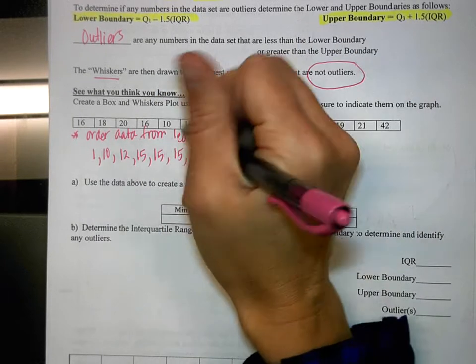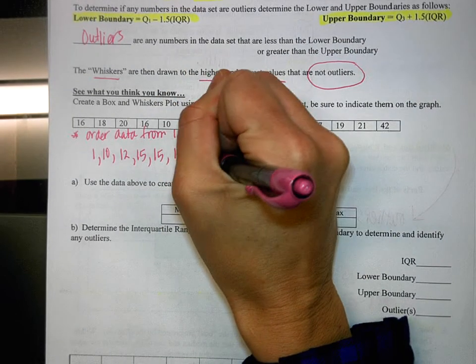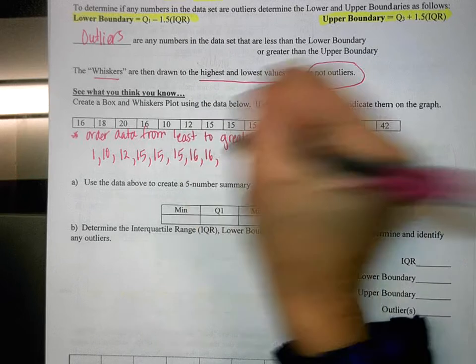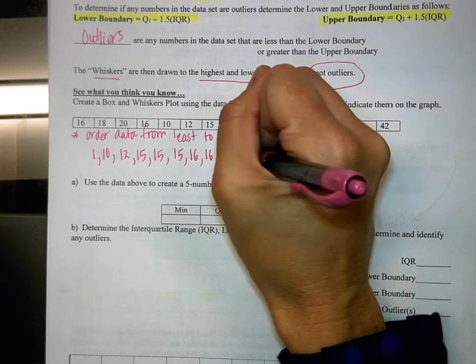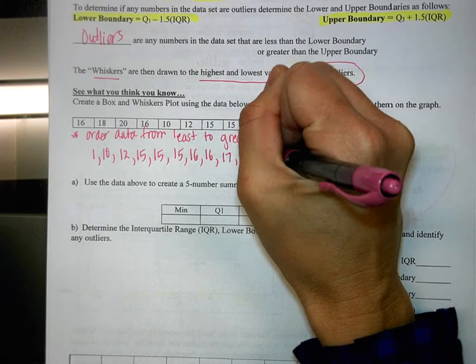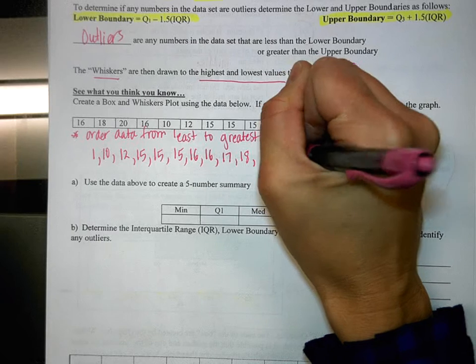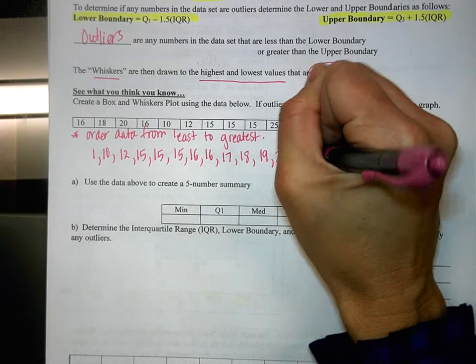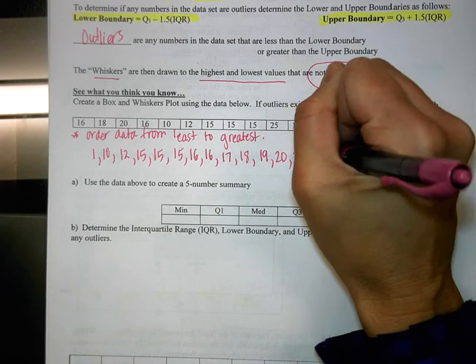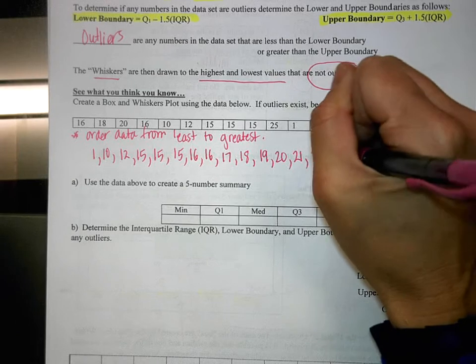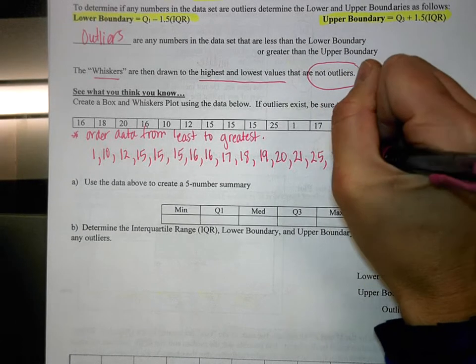And then we have 2 16s. Then 17, 18, 19, 20, 21, 25, and 42.